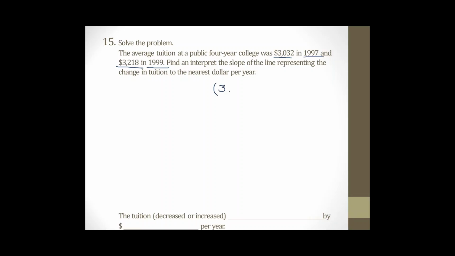So 3,032, 1997 could be one of my points, and then the other one is 3,218 with 1999. So I have 2 points and they want me to interpret the slope.